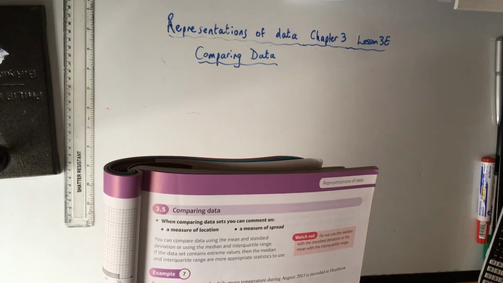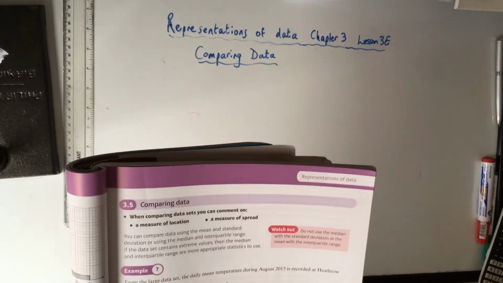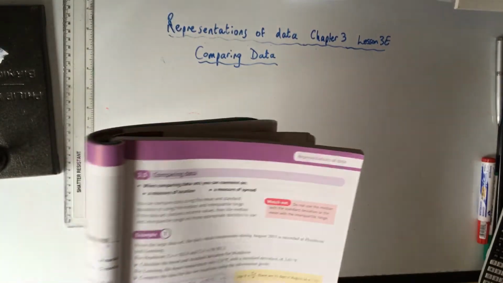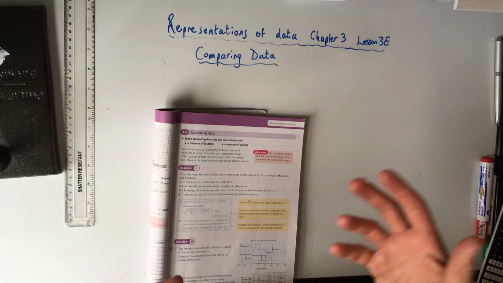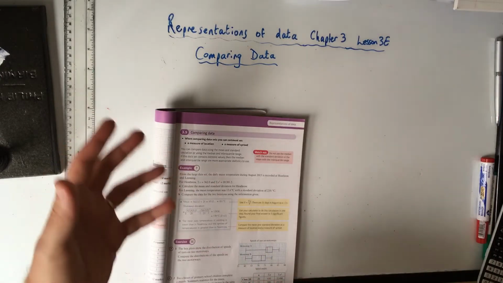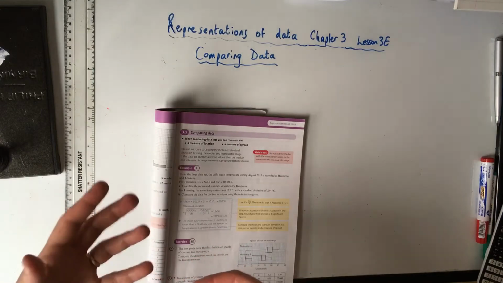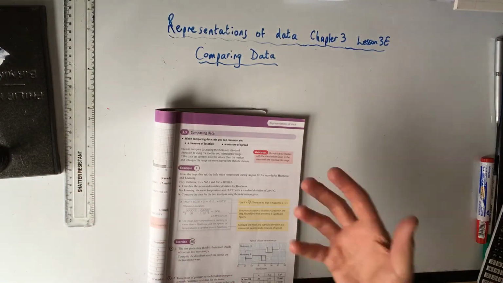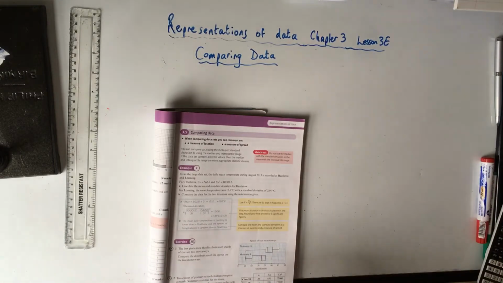So that is the median, or the mean, and a measure of spread. So if you've got the median and the quartiles, you comment on the median and the interquartile range. If it's the mean, then you comment on the mean and the standard deviation. The bigger the standard deviation, the more the data is spread out.